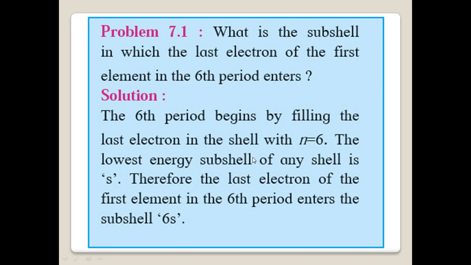The lowest energy subshell of any shell is s. Which is the smallest subshell, the one that needs less energy? That is s. Therefore the last electron of the first element in the sixth period enters the subshell 6s. Okay, are you getting this?